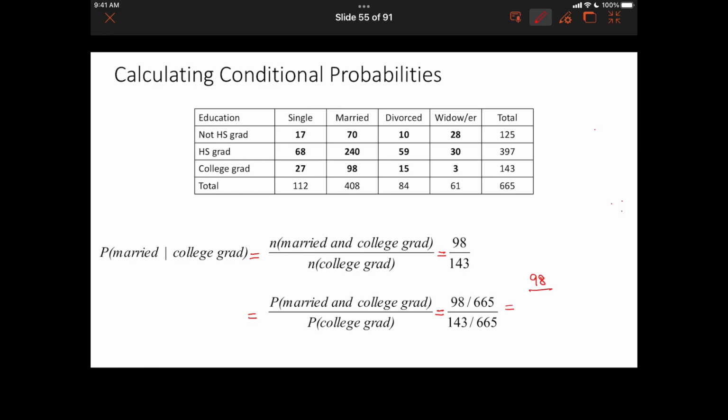So when I divide these, remember, dividing is the same as multiplying by the reciprocal of your denominator. So I multiply by 665 over 143, and these 665s cancel. And that's how I get the 98 over 143.